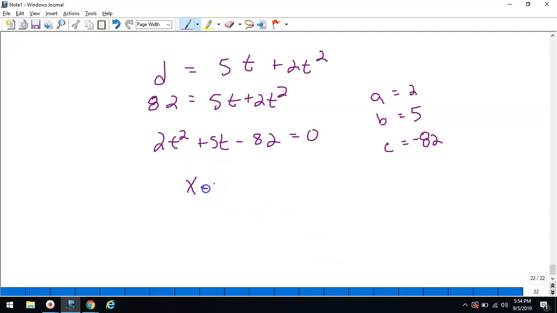So x is equal to negative 5 plus or minus the square root of 25 minus 4 times a is 8 times c. So 8 times 82, and that's going to be a negative number, negative 656, all over 4.